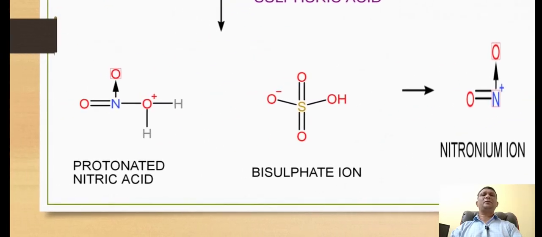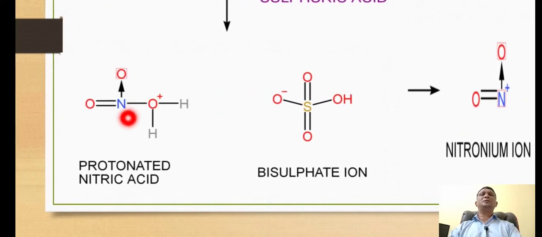So dear students, if we look at the bond between nitrogen and oxygen, we find that oxygen is more electronegative than nitrogen. So when the H2O molecule leaves this species, the electron pair of this nitrogen oxygen bond is taken by the oxygen.